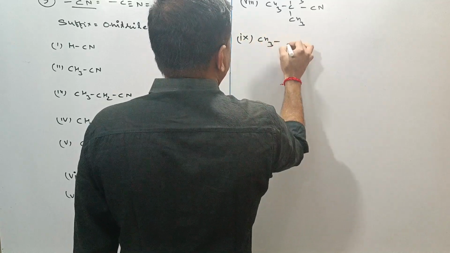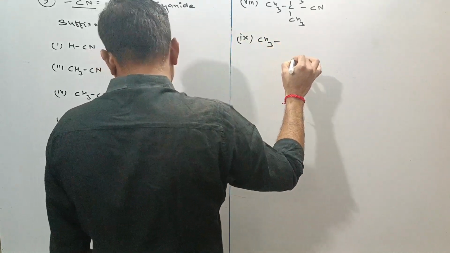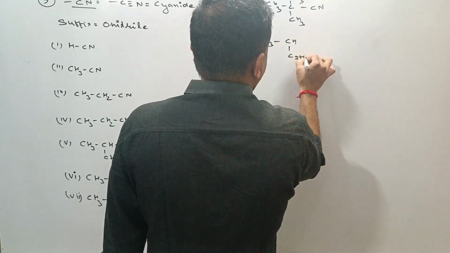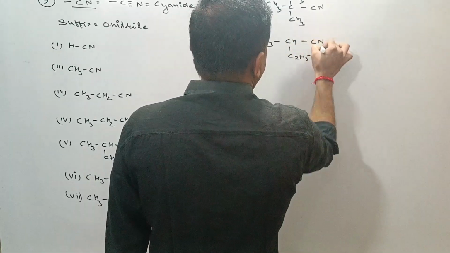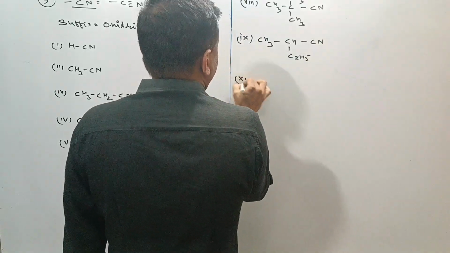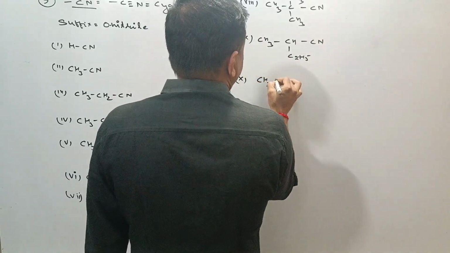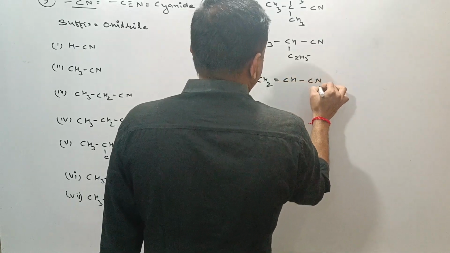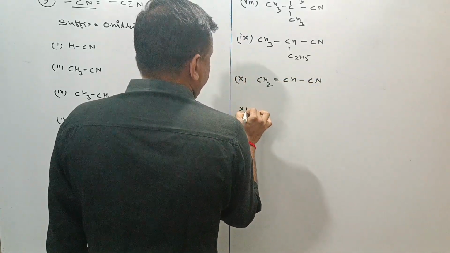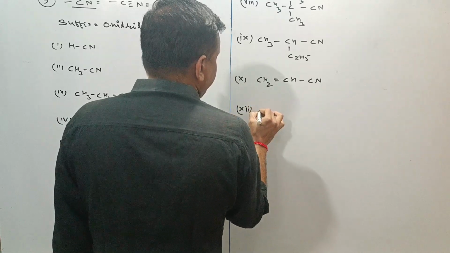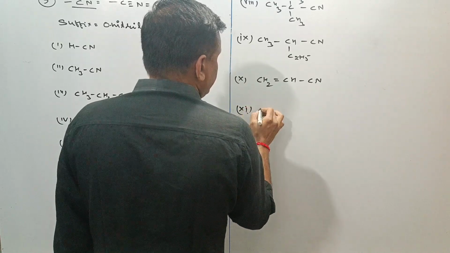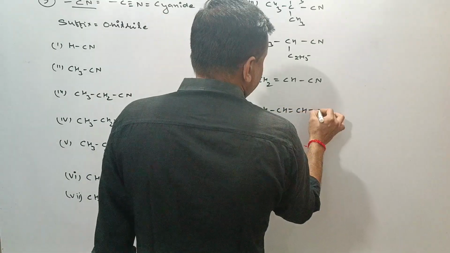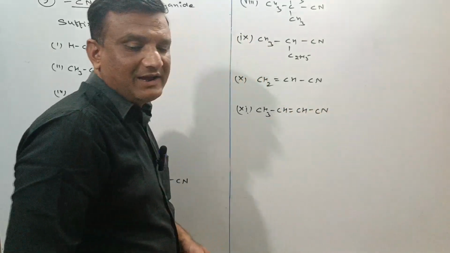You can take C2H5 and CN, this is your 10th compound. CH2 double bond CH and CN is the 11th compound, that is a very interesting compound also. CH3CH double bond CH and CN.